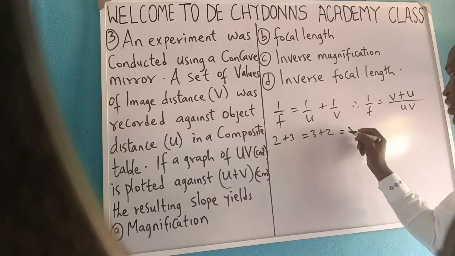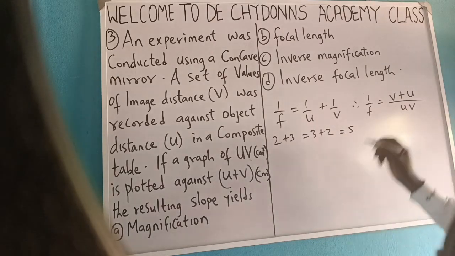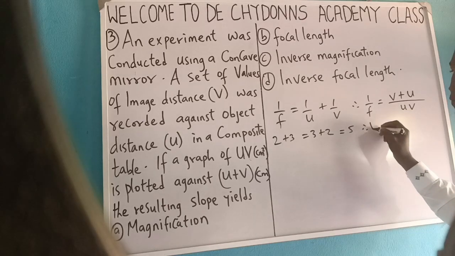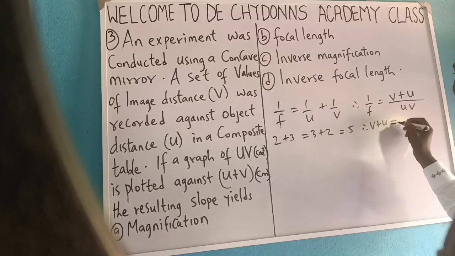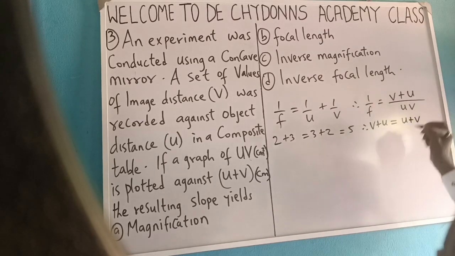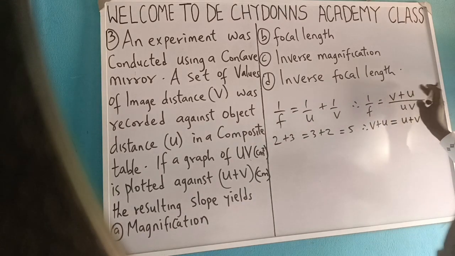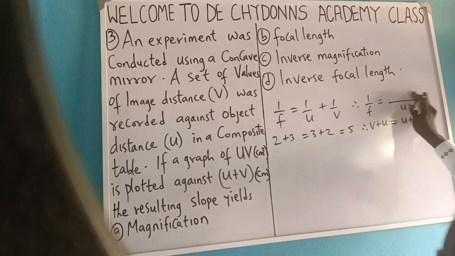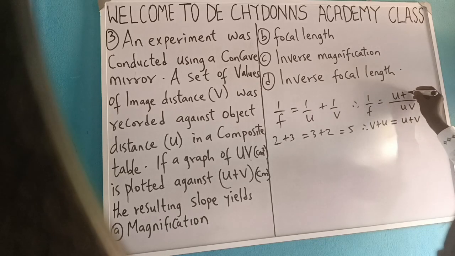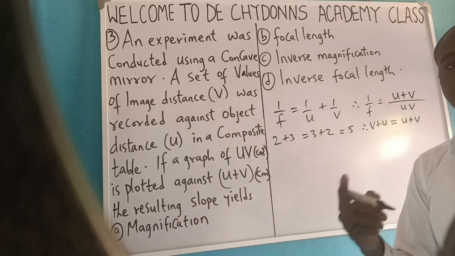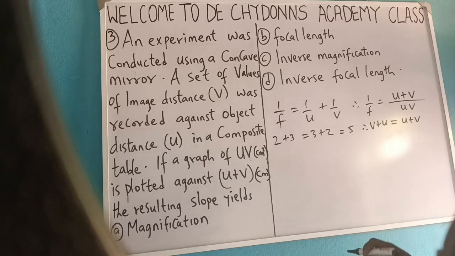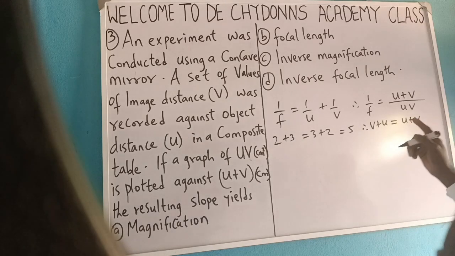That is, they will give you the same answer, 5. That means, therefore, v plus u is the same thing as u plus v. I hope you understood it. So I can now change here to u plus v, because of the commutative property of the sum of two numbers.